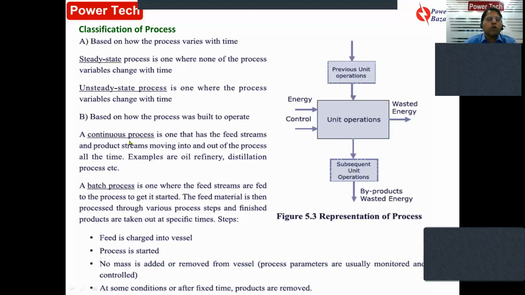But a continuous process continues to operate, like oil refinery and distillations. What is an example of a batch process? Like a furnace. You charge material, apply heat, apply electrical energy, and remove those materials after a certain time. So that is basically a batch process. Furnace heating is also a batch process. So these are the classifications of process.